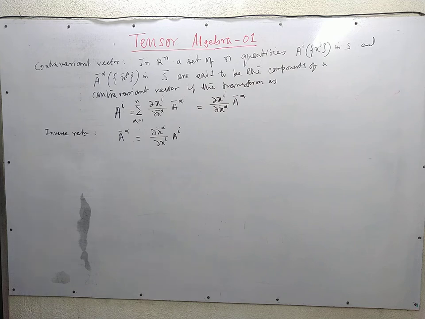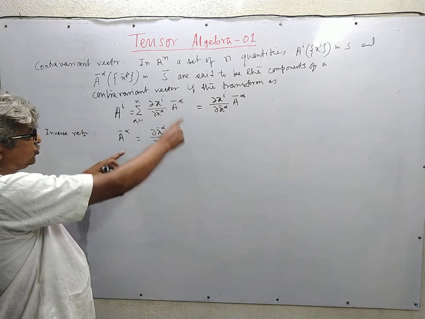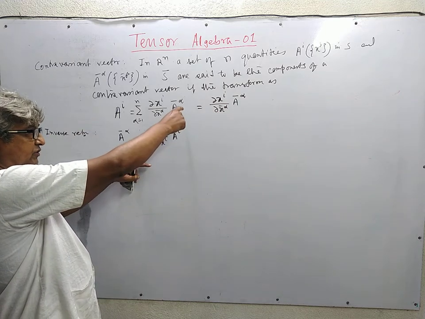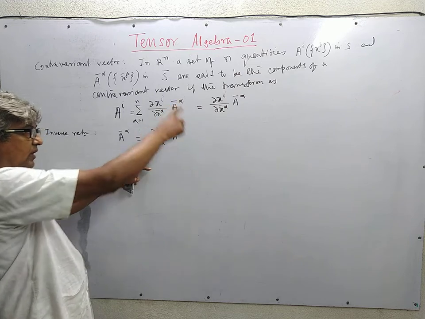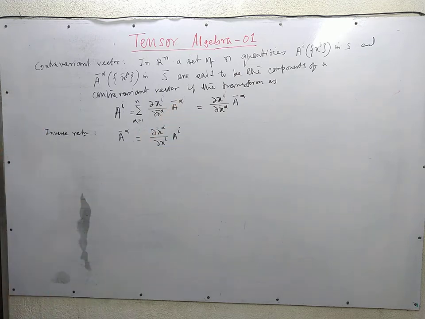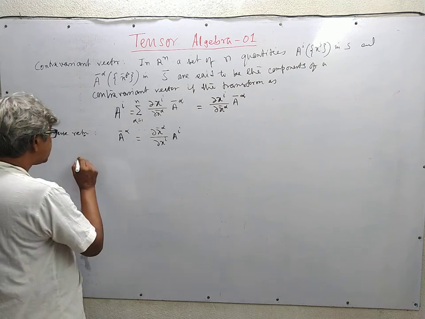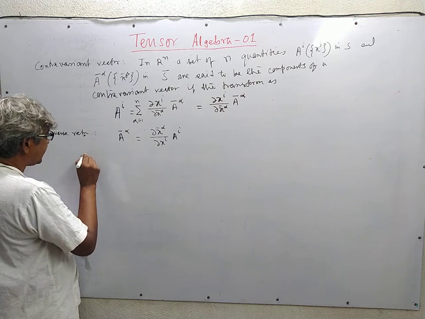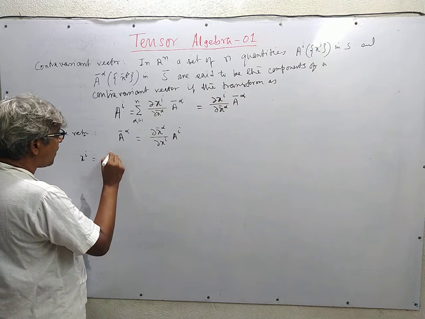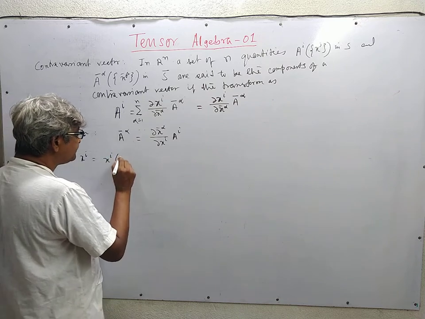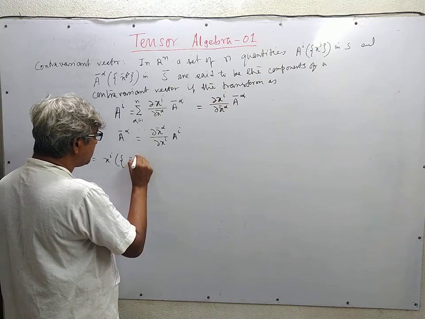These two are not independent relations; we can start from this and land up over here, or the converse. We shall show it. Before doing that, we want to say that x^i is a function of x bar alpha.